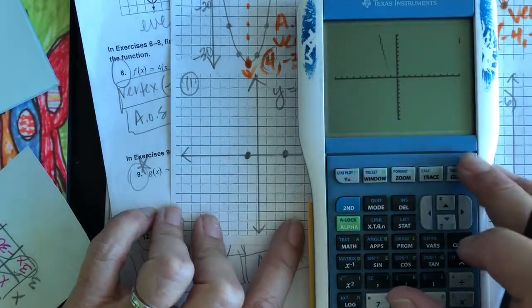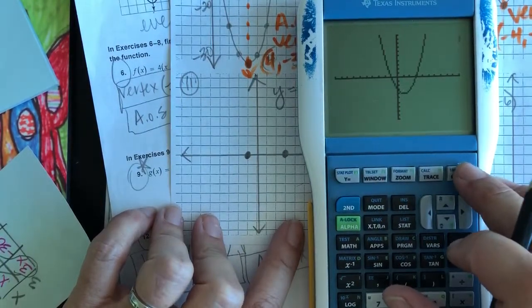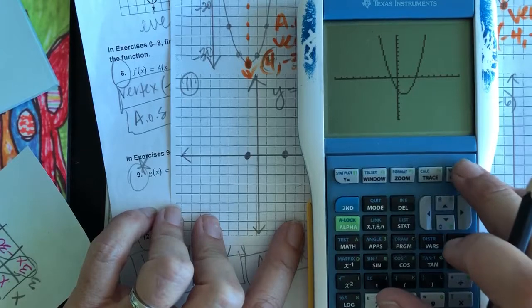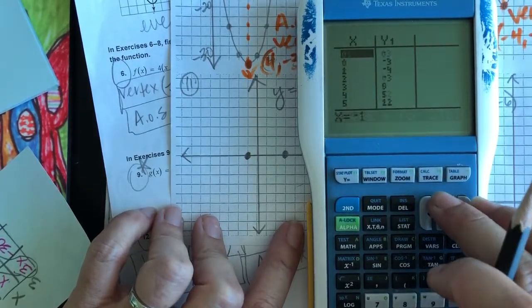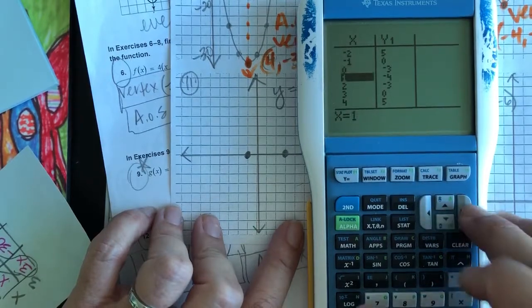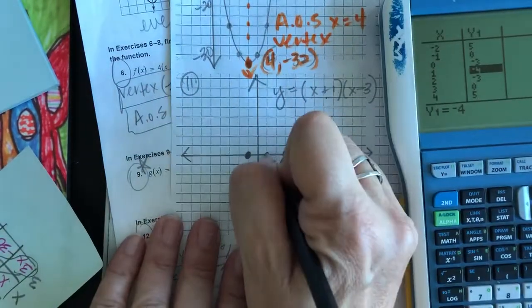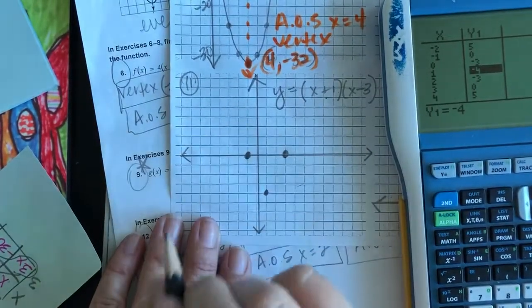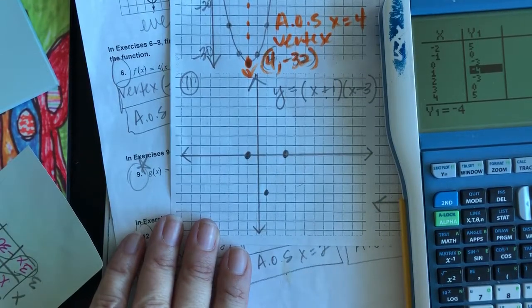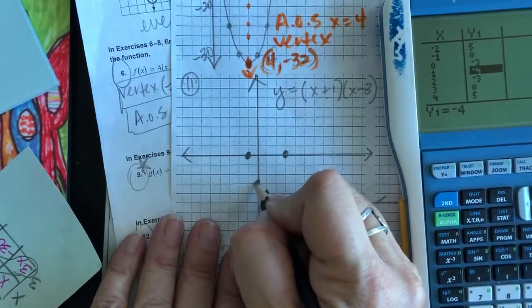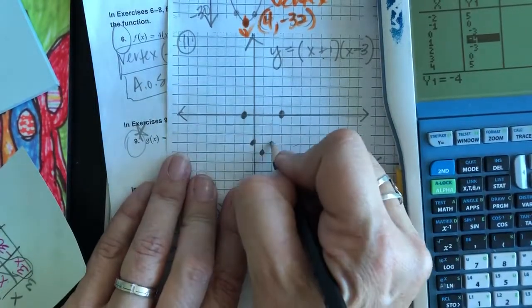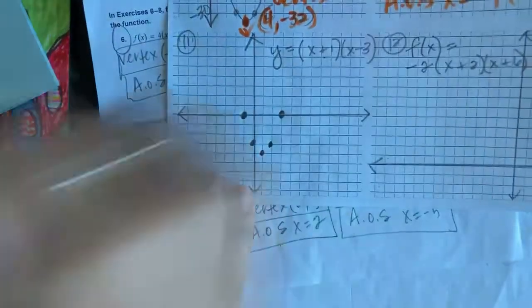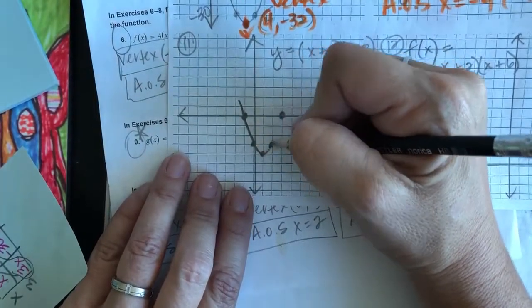It looks like the vertex is maybe at 1 and negative something. Yeah, there it is. The vertex is at 1 and negative 4. And then at 0, I can go down to negative 3, and 2 goes down to negative 3 as well. So I can get the whole picture.